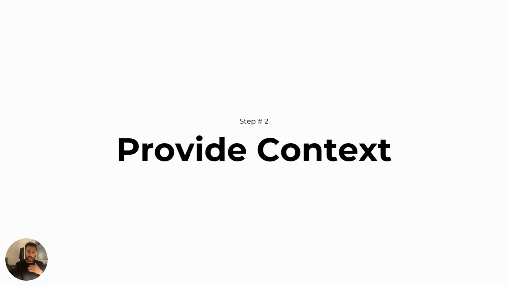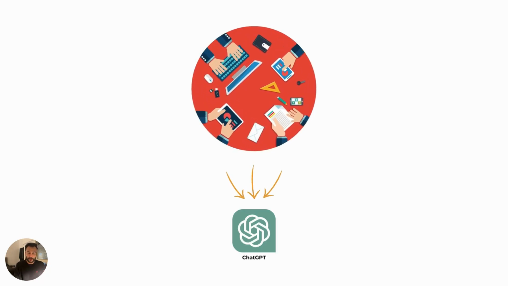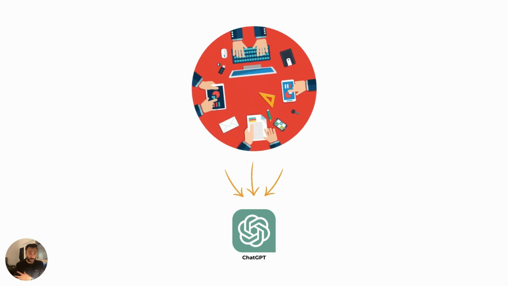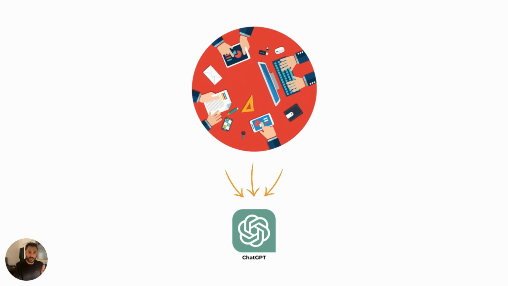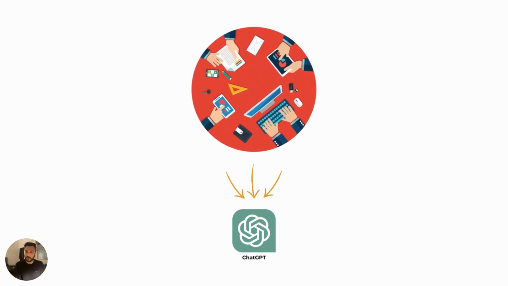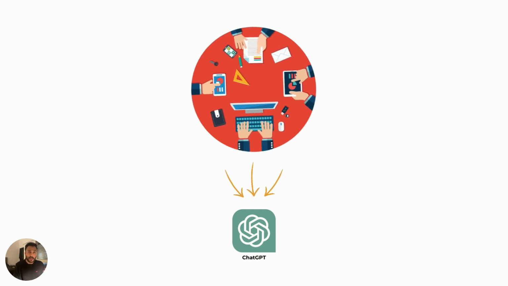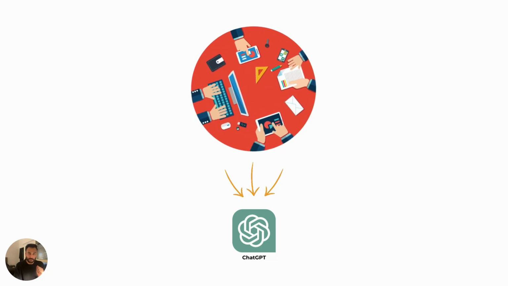Number 2, I provide a lot of context. So all the information that I have with me that I'll use to create user stories or acceptance criteria, I provide that all to ChatGPT. Think about this. If ChatGPT has the same amount of information that you do, automatically the results will be much, much better.